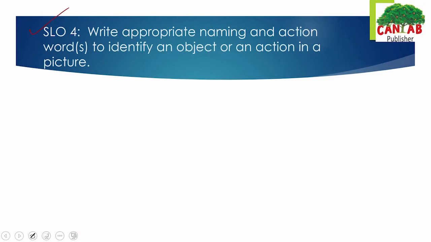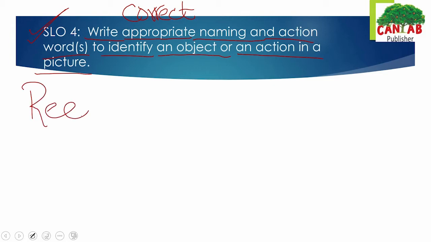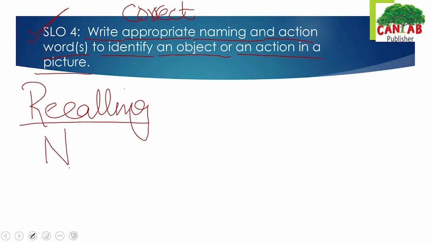So the SLO says, write appropriate naming and action words to identify an object or an action in a picture. Appropriate means correct. Let's do some recalling from the previous lectures and from the previous grade as well. We did naming words.